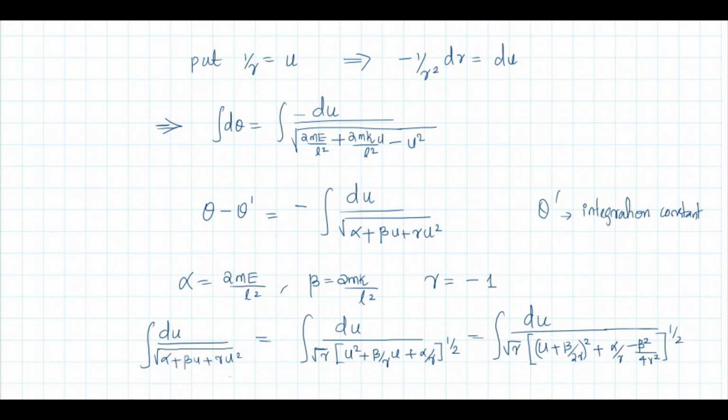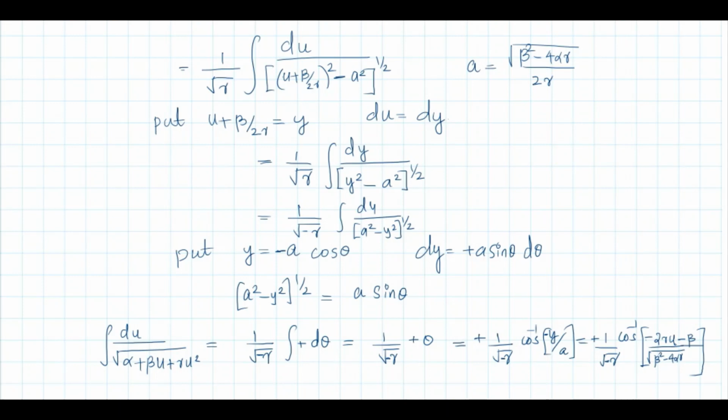So the first two terms, I can write as u plus beta by 2 gamma the whole square. So a plus b whole square will give you u square, the 2ab term will give you beta by gamma u, and there is an additional term, beta square by 4 gamma square. So I have to subtract that term, and there is already an alpha by gamma here. So this is this whole raised to half. This procedure is known as making a perfect square.